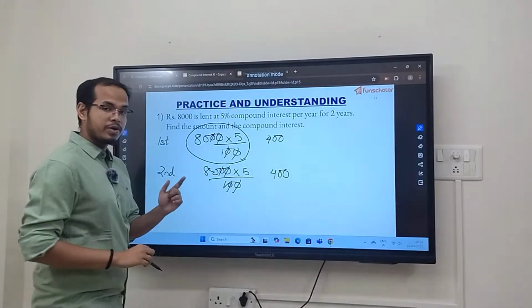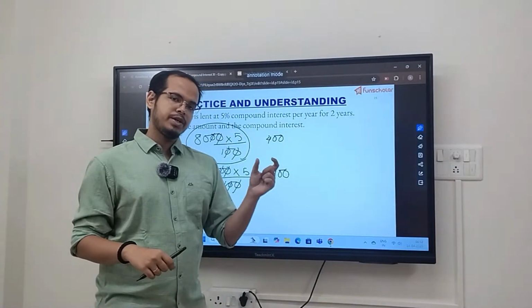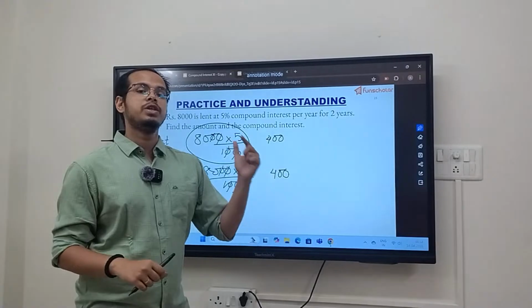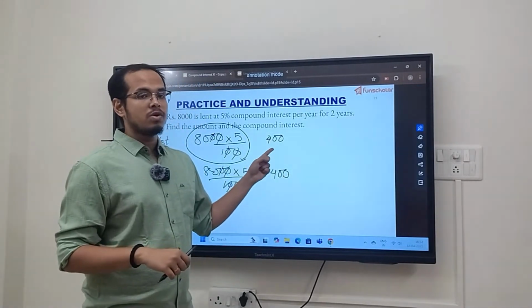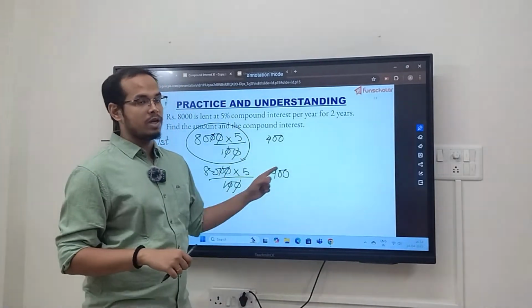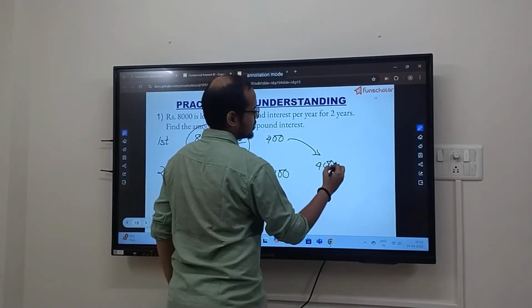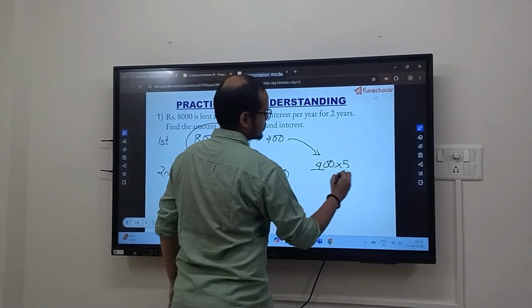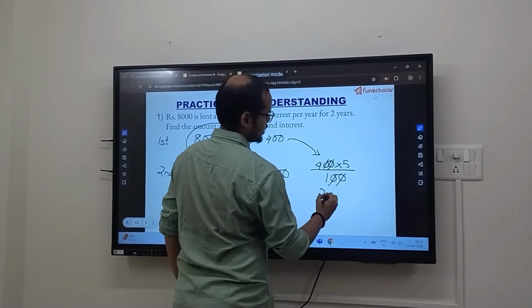Now compound interest not only gives the interest based on principal but also on the interest accumulated for each and every year. So we are going to find the interest on that 400 as well. The 400 into 5 by 100 gives us nothing but 20.